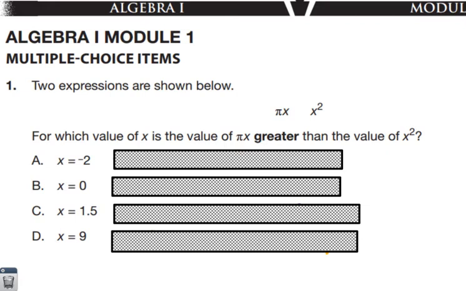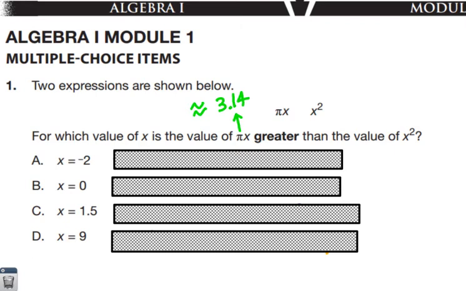Pi is a number, basically. We just want to know for which value of x would make pi times x greater than the value of x squared.